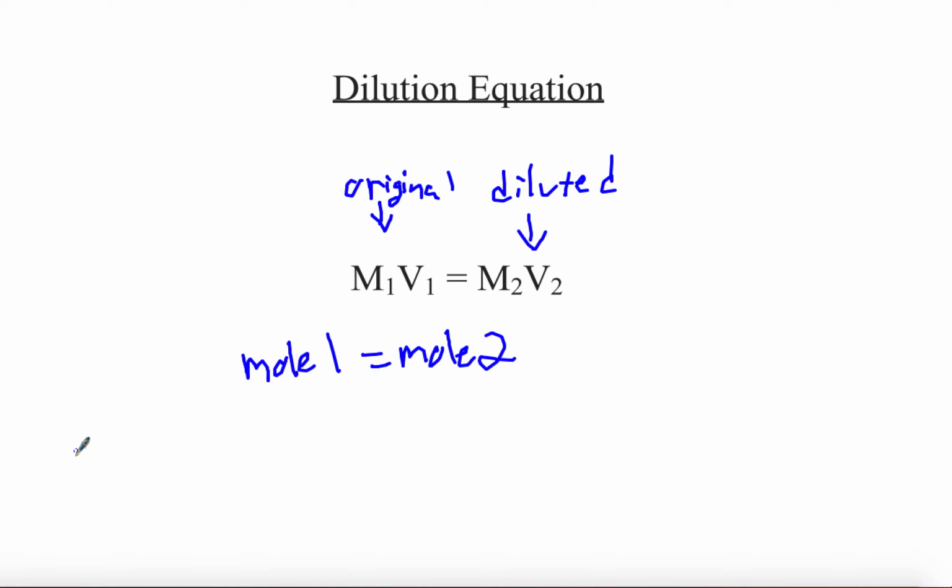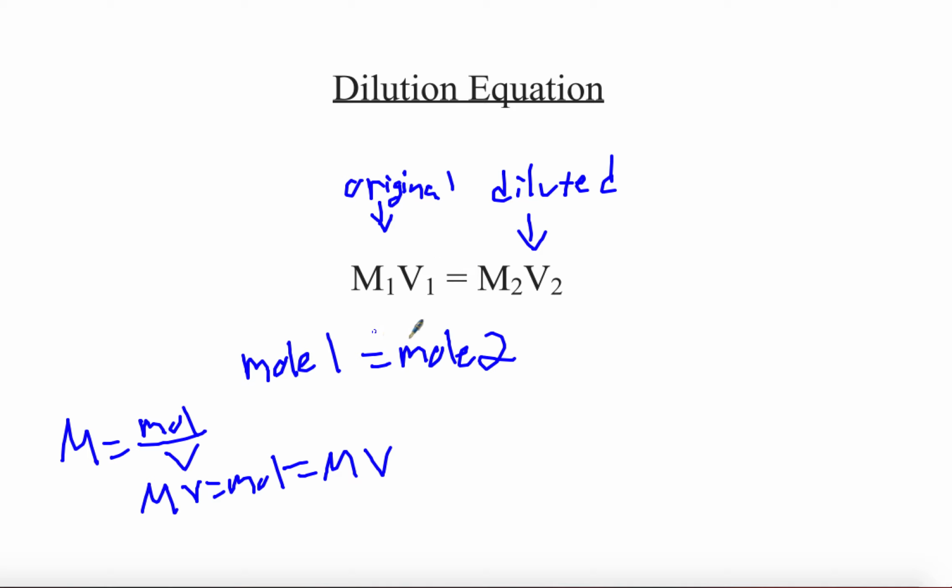Given that molarity is equal to moles over volume, rearranging this, you get that MV equals moles. So if we set these equal to each other, the concentration times volume of the two solutions should be the same because they have the same number of moles of solute. So that's basically how this equation was derived.